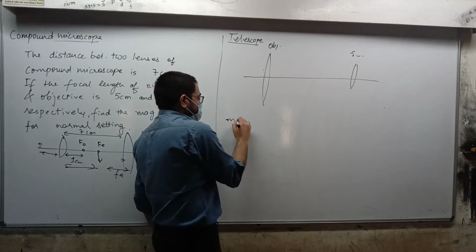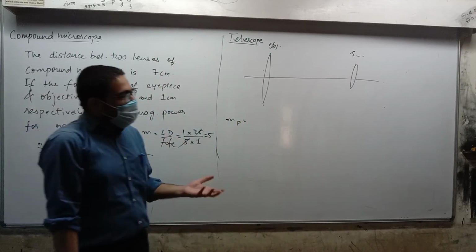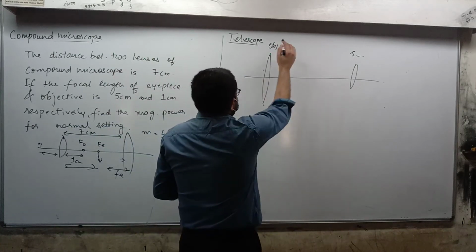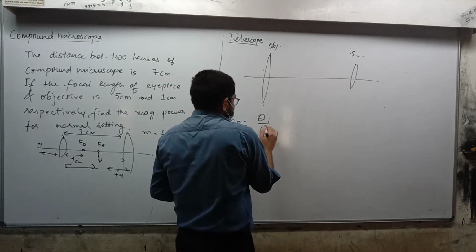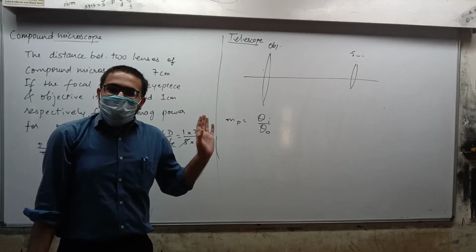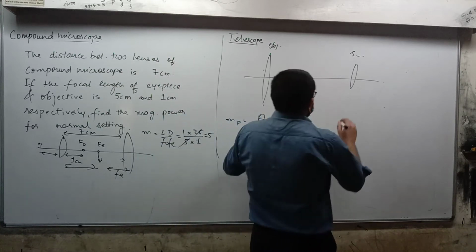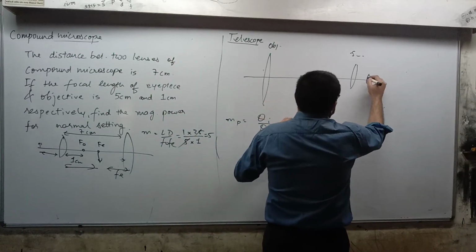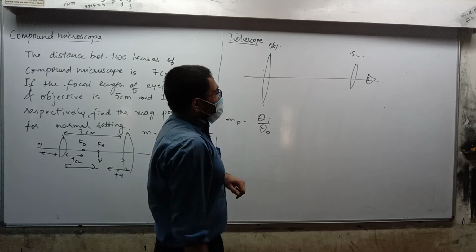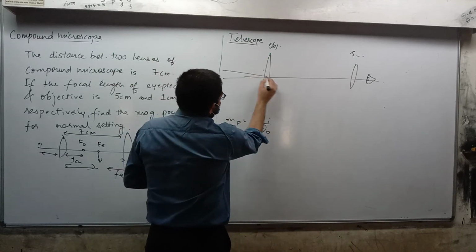in the telescope once again we have magnifying power. The definition is the same, angle upon angle, right? But what happens is, if you compare two situations, one where you are seeing using a telescope. Generally a telescope is used to observe something that's very far.